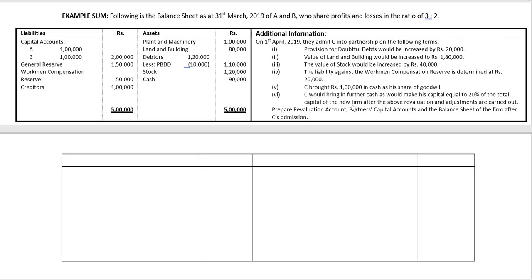C would bring in further cash as would make his capital equal to 20% of the total capital of the new firm after the above revaluation and the adjustments are carried out. We are asked to prepare revaluation account, partners' capital accounts, and the balance sheet of the firm after C's admission.